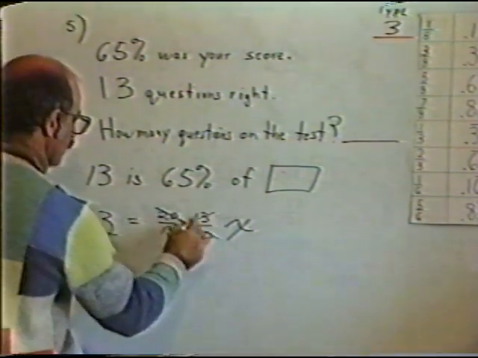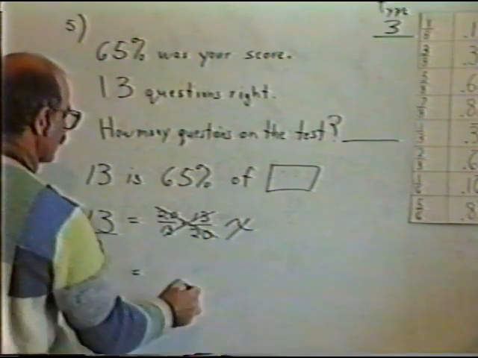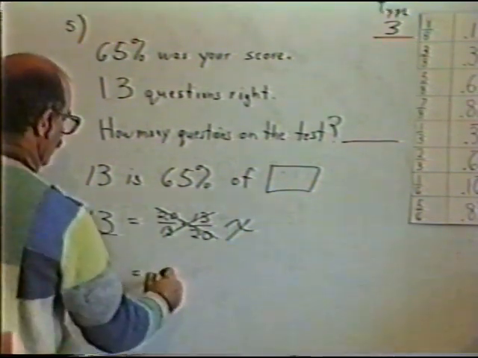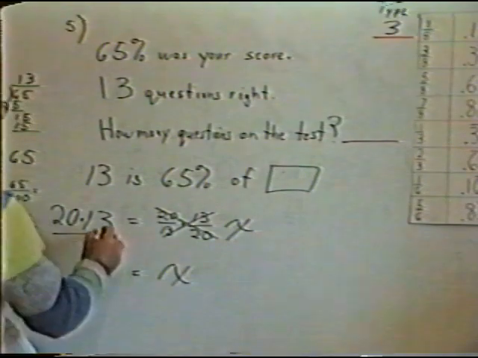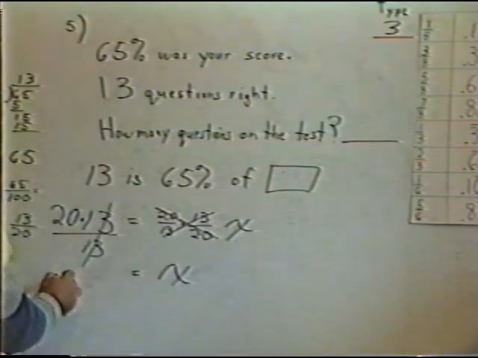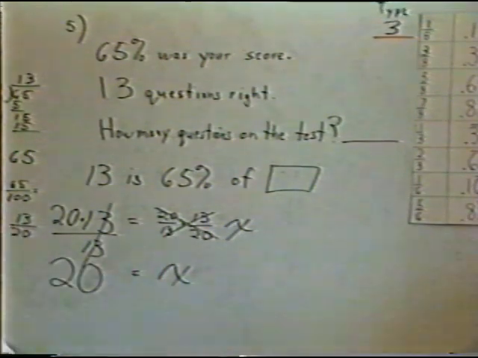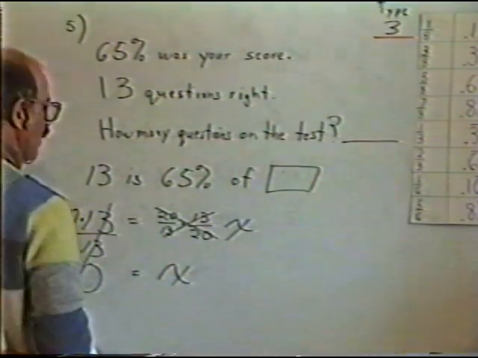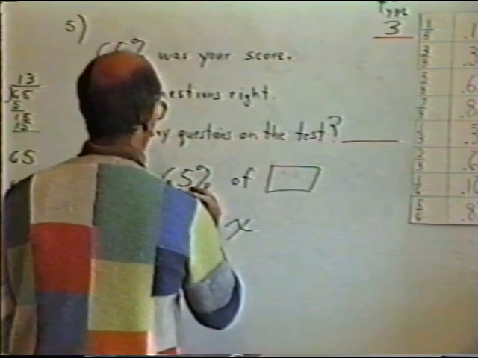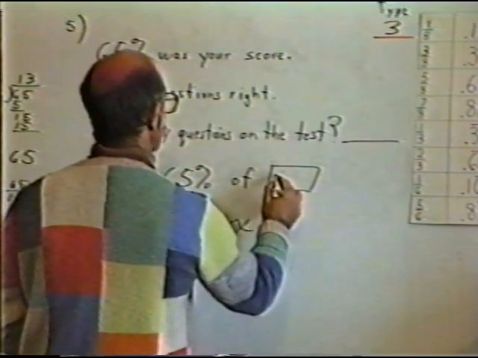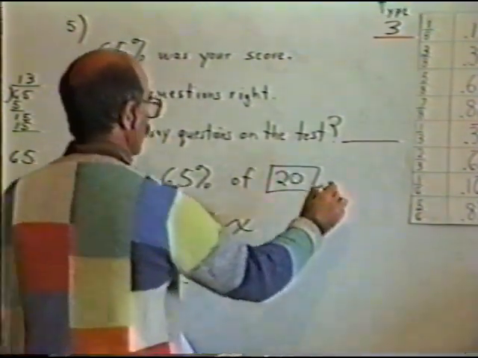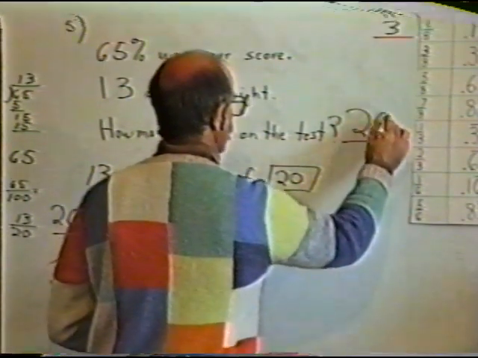This all cancels away, leaving us on this side just plain x. And over here, the 13s cancel away and leave us 20. 20 questions on the test. 13 is 65% of 20. And that is our answer.